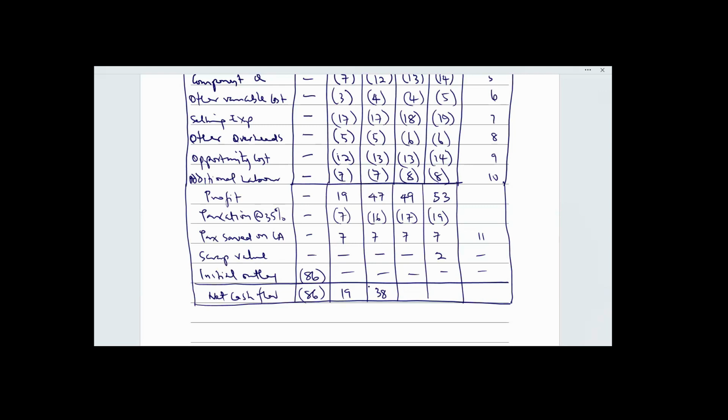Year 3 is 39. Year 4 is 41. Are you sure it's 41 for year 4? 3 plus 9, that's 62. 62 minus 19.